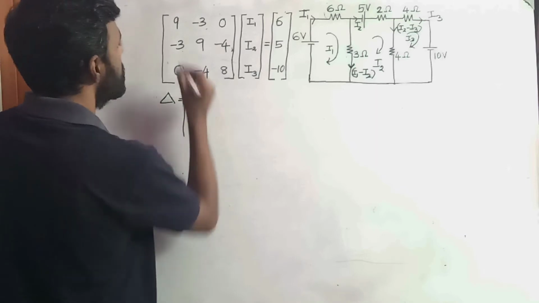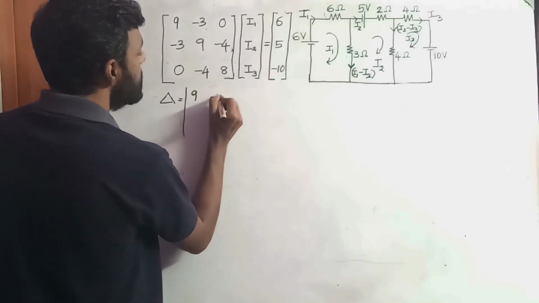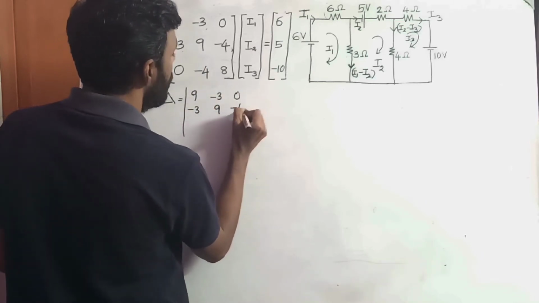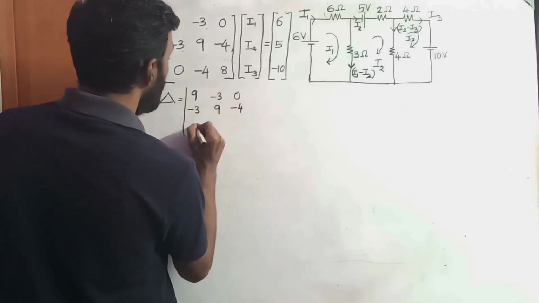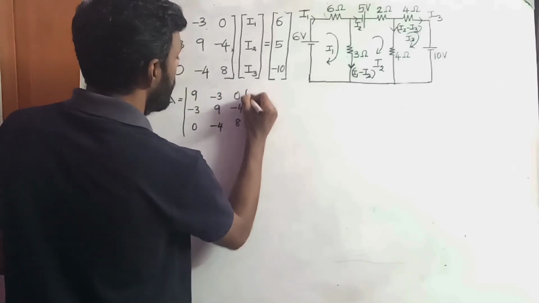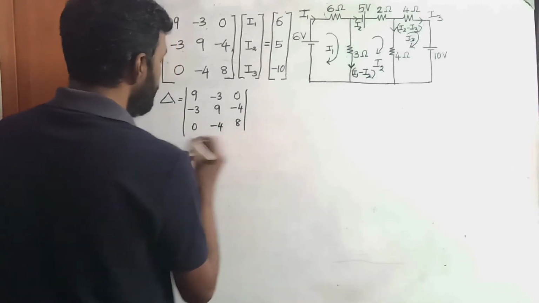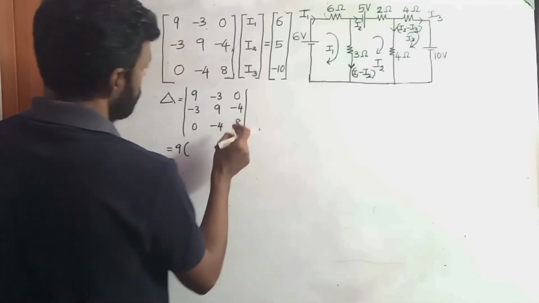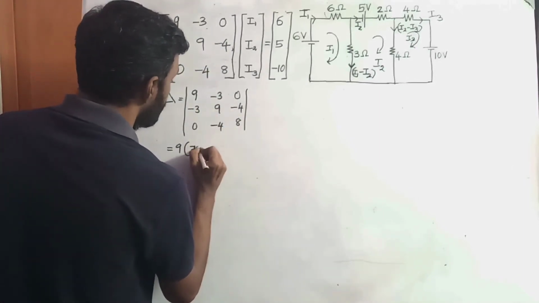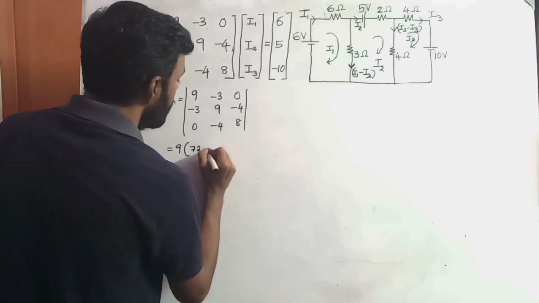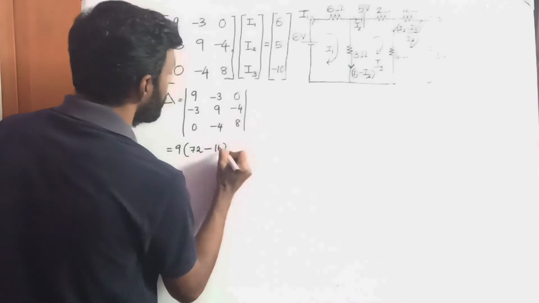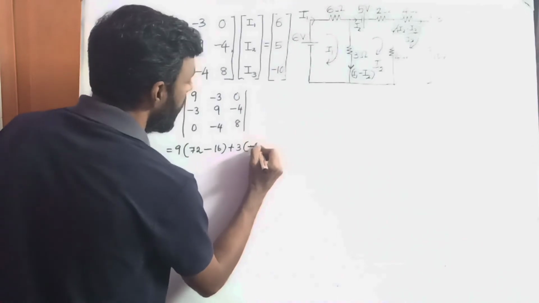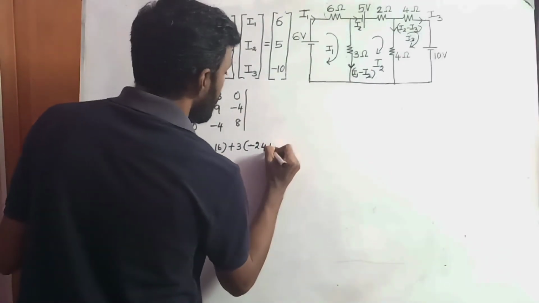Delta is equal to the determinant of 9, minus 3, 0; minus 3, 9, minus 4; 0, minus 4, 8. Upon simplification, I get 9 into (8 nines are 72, minus minus 4 fours are 16), plus 3 into (8 threes are 24), minus 24, plus 0.